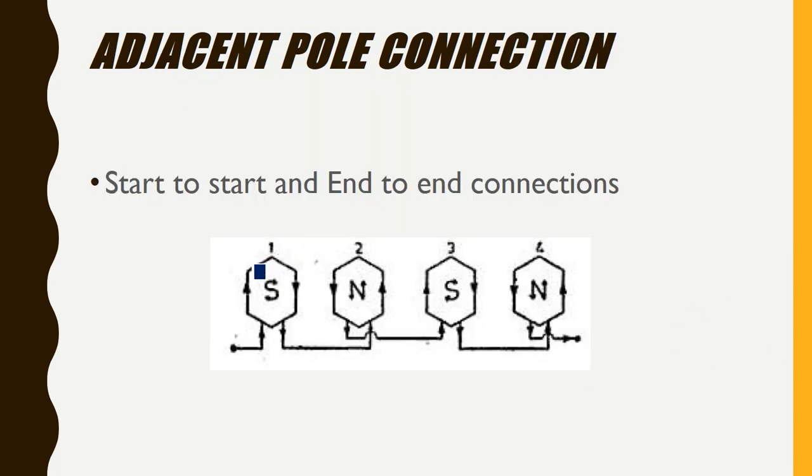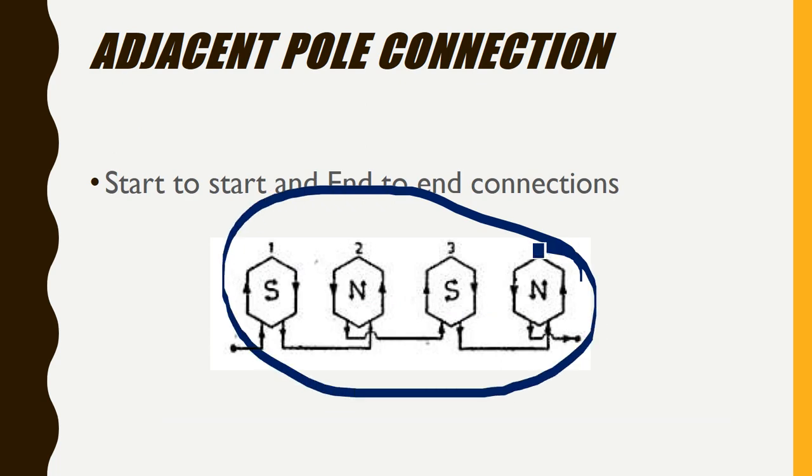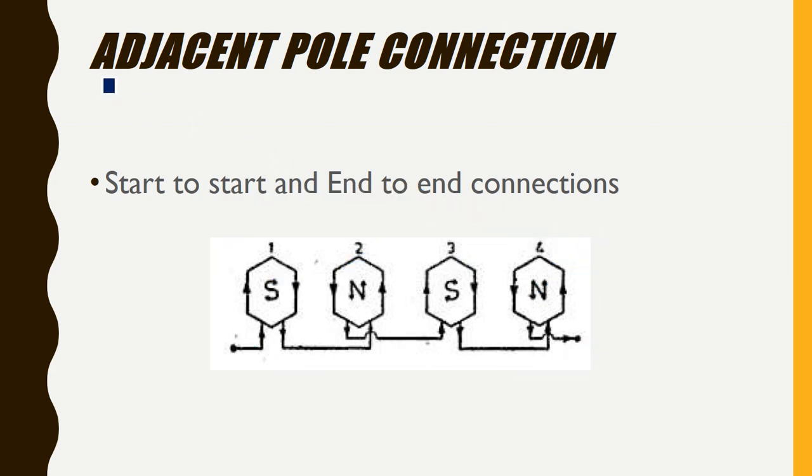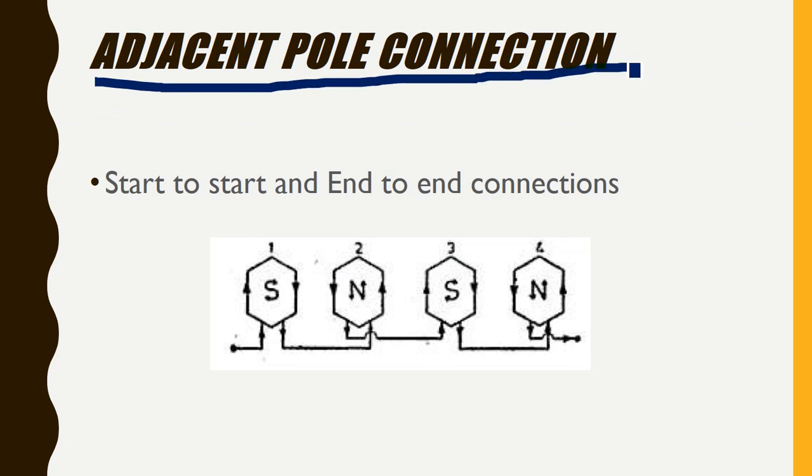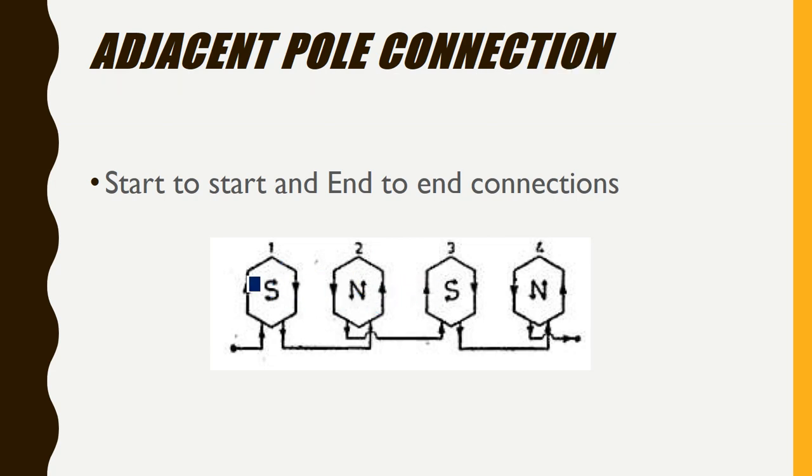Now we are seeing four coils like this which can make four poles. How the poles are created depends on the connection. This type of connection is known as adjacent pole connection. That is, S is available, N is available, these are adjacent or nearby, and it is continuing. The adjacent connection of poles will be from start to start and end to end.